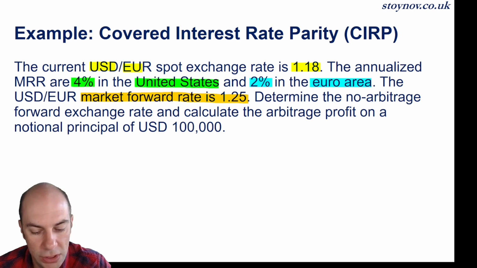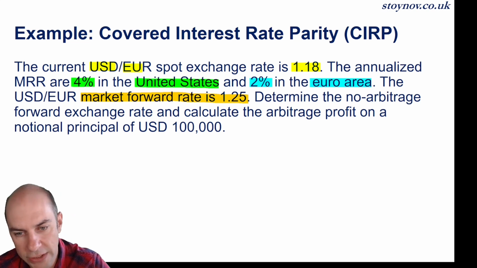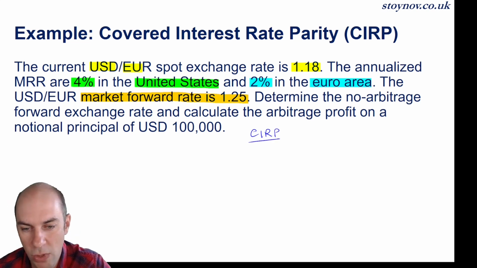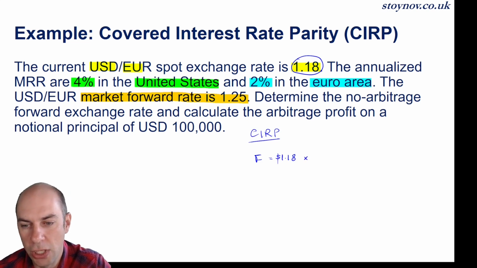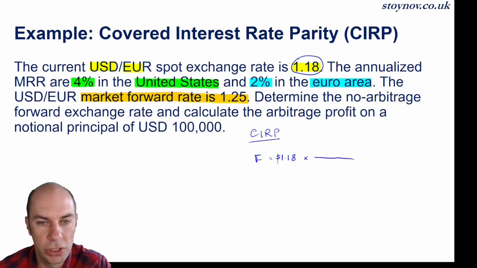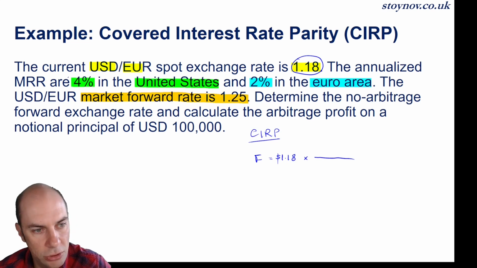$100,000. Okay, so I'm going to start, first of all, with my good old CIRP. Again, as I said, level 1 material, nobody should be panicking at this stage. I'm going to be taking the spot exchange rate, and I'm going to be remembering dollars over euros here. So then I'm going to search for the dollar rate. In this question, the dollar rate does come first, which helps.